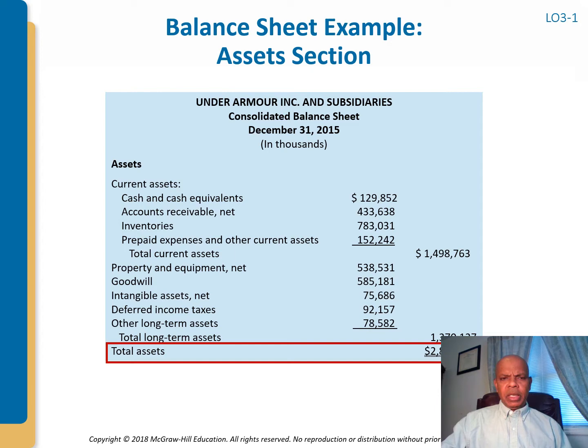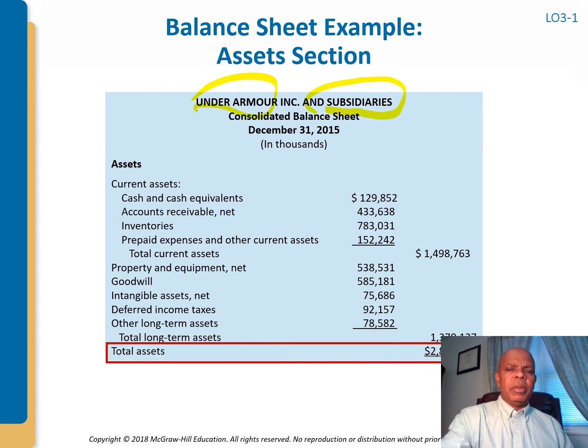Consolidated means, see, its name says subsidiaries. When you say subsidiaries, what does that mean? You've got a parent company, which is Under Armour itself. Then we have subsidiaries, in multinational corporations or even large corporations.